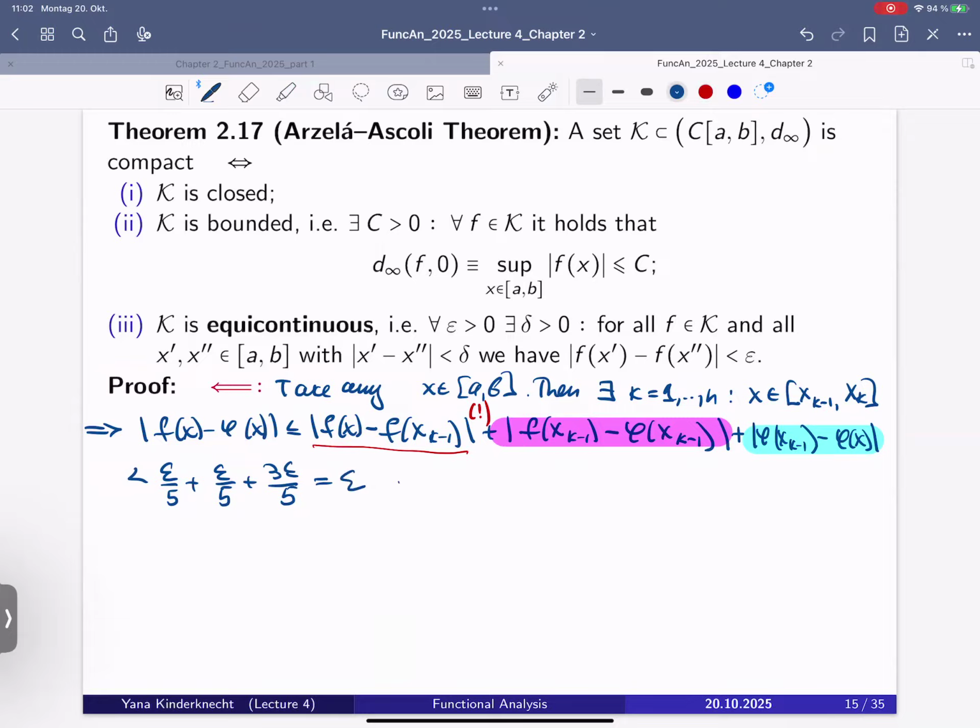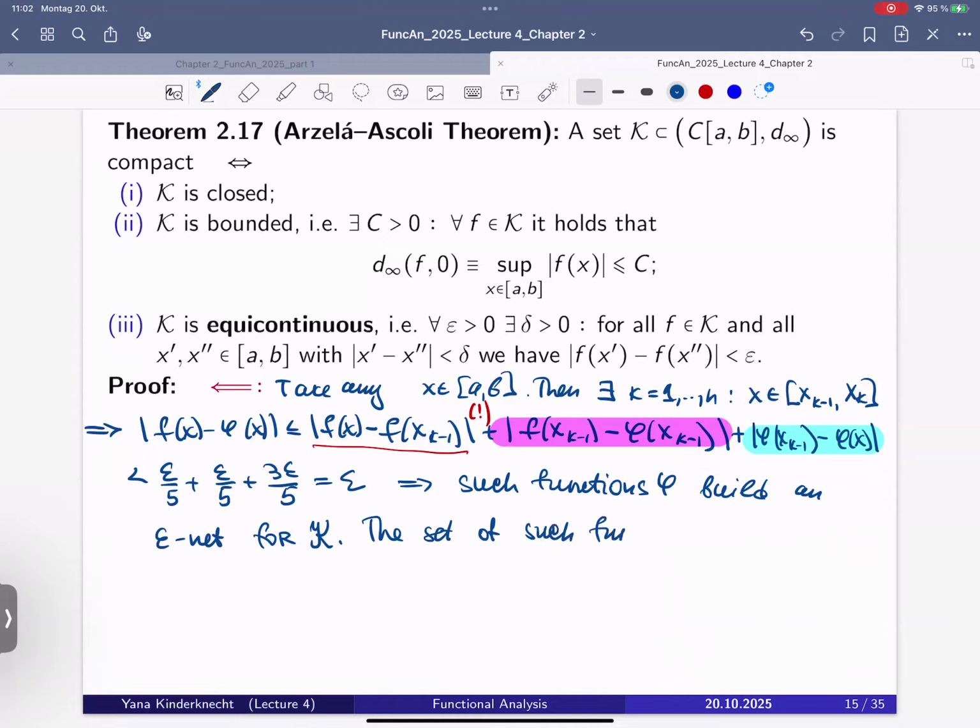And this means that such functions phi build an epsilon net for K. And the set of such functions phi is finite.